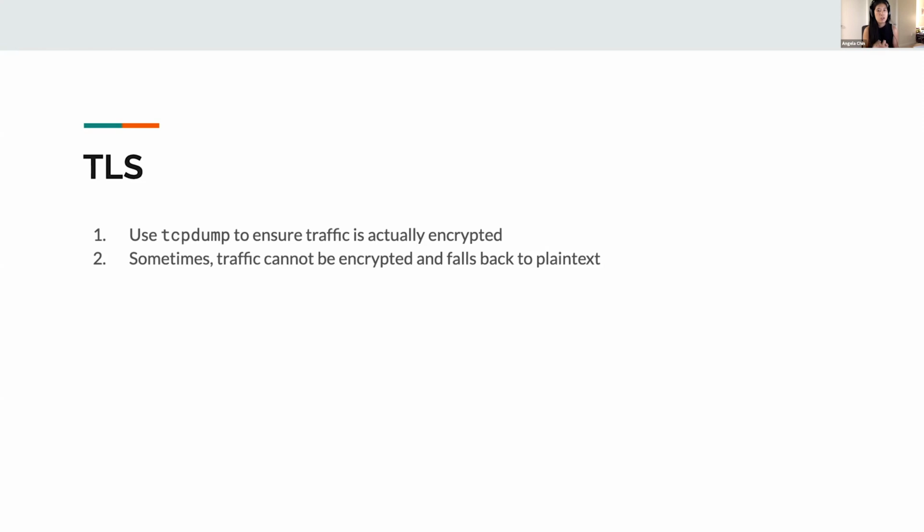Because rather than not be able to communicate at all, platforms sometimes decide that it's better to be able to communicate insecurely. For example, one of the most common reasons that your traffic can't be encrypted is you've misconfigured certs, and that's really easy to do. So always check that if you think you're talking TLS, that you actually are.